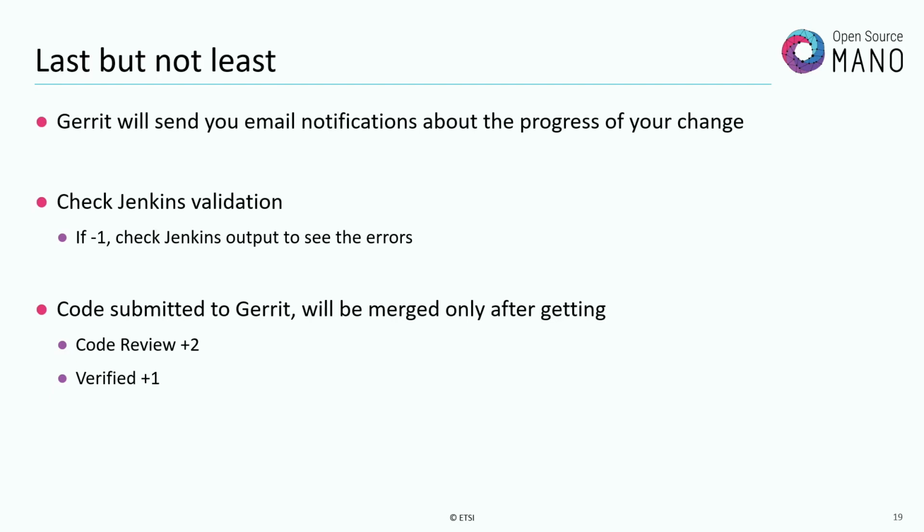And Jenkins will validate the change, run all the tests on it, and if an error happens, it could not pass the pipeline. Otherwise, our change will be validated, and Jenkins will mark it with verified +1. Then the code will be reviewed, and it is expected to get a +2 to be merged.